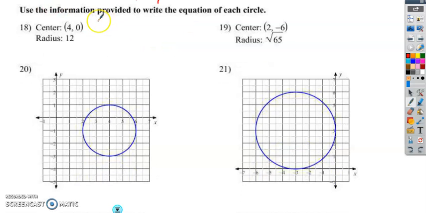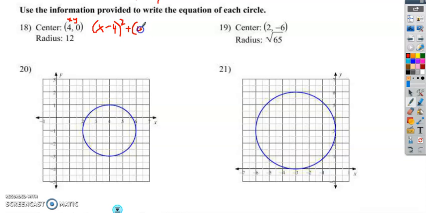All right, they're giving us a center this time. 4 would be my x value. If you want to put a little x up there and then a little y above the 0, that's fine. So I'd have something like this, x minus 4. It's meaning that I'm shifting right 4. All right, and then it has that quantity squared plus y.